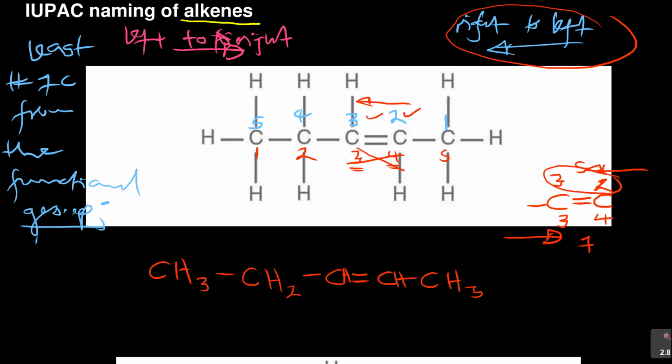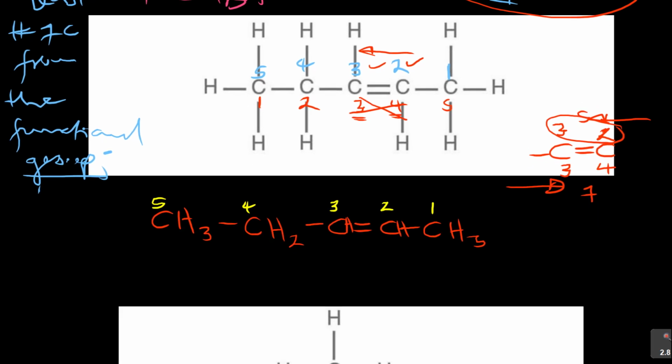So when I'm numbering, it will be carbon number 1, carbon number 2, carbon number 3, carbon number 4, and carbon number 5. Alright, and then from here I can now give the name. The parent chain here is what? The parent 5 carbon is pent, remember, from pentane, that is the alkane version of it, that's 5 carbon. But since we're dealing with alkenes, we don't have A and E, we have pentene.